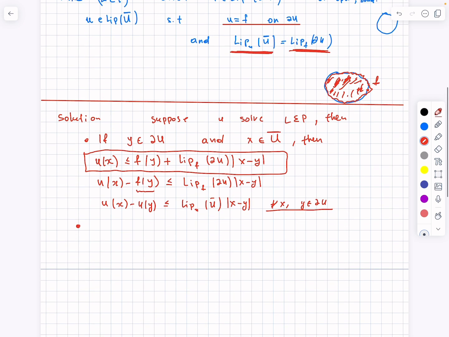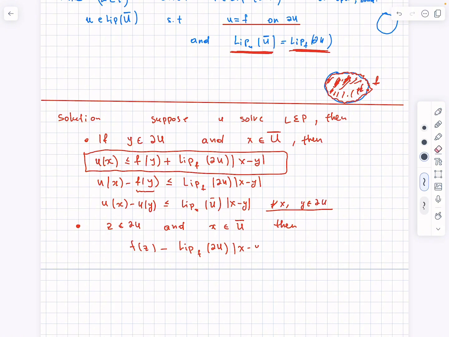Second point. Let z be on the boundary and x in the whole domain. Then f(z) minus Lip(f, ∂U) times |x - z| is always less or equal than u(x). How do we prove this one?